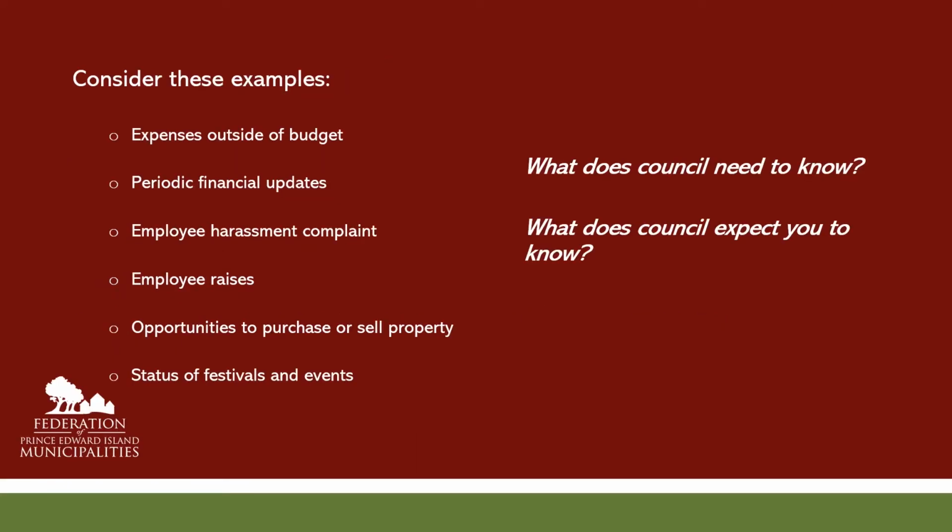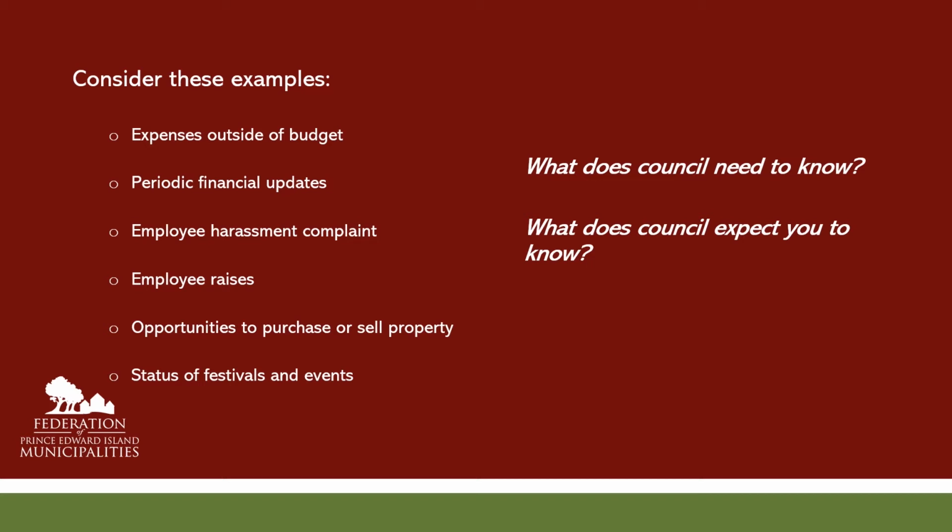So take a minute and reflect on these two questions. One, what does council need to know in certain instances? And two, what does council expect you to know? So this could be around an expense outside of budget, around a specific complaint, could be employee harassment, or if you're considering a need for an employee raise.